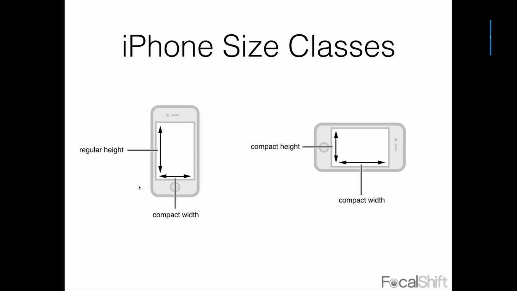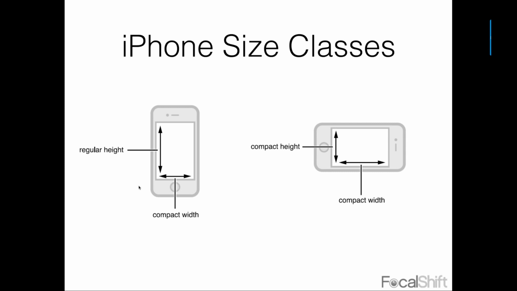When you get to a phone, then the size classes change. When you're in portrait mode, the height is still considered a regular size class, similar to what you see on an iPad, but the width is considered a compact width.